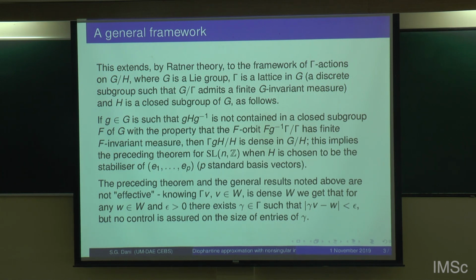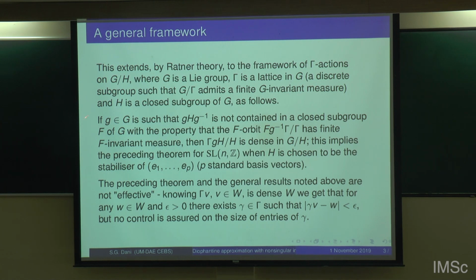There, the general framework is the following: you take a Lie group, SLNR for instance is an example. Take a lattice gamma in that. Lattice means it's a discrete subgroup such that the quotient space has finite invariant measure.